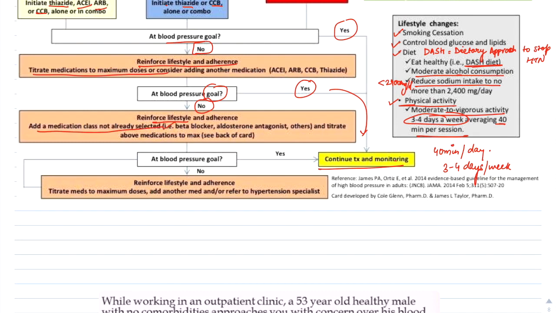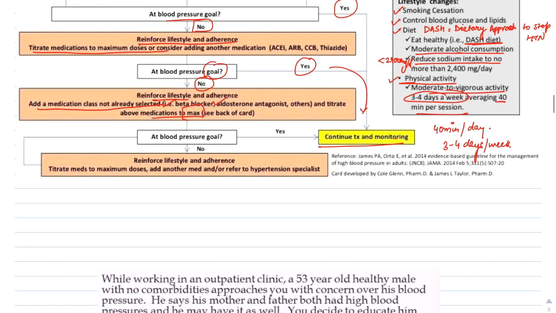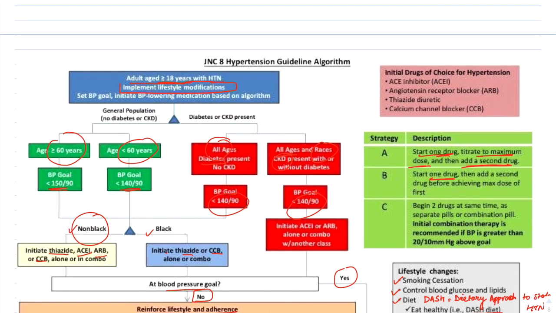Like, we can add a beta blocker or an aldosterone antagonist, and we titrate the medications to the maximum dose. Remember that: start one drug and then titrate to maximum dose, then only add a second drug. Or, if one drug is started, add a second drug before achieving the maximum dose of the first. These 2 points have to be kept in mind, right?